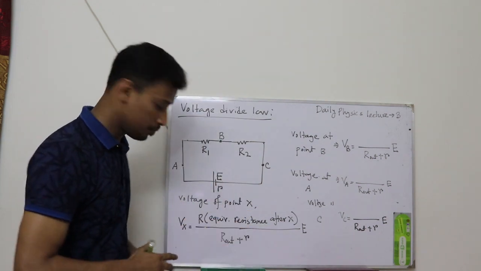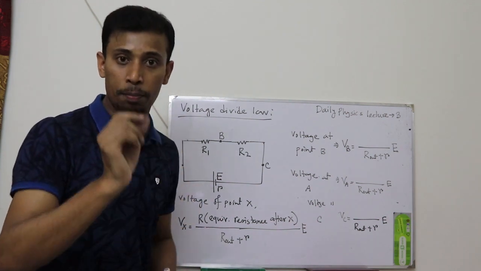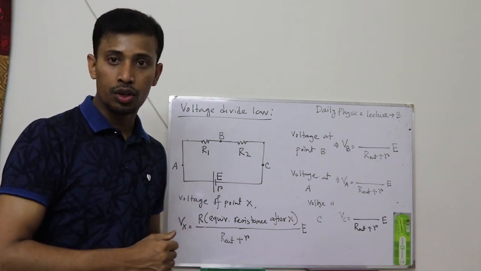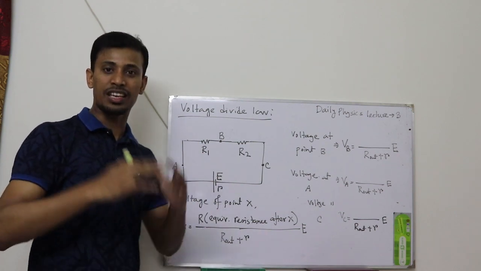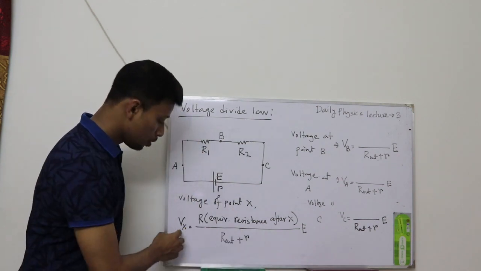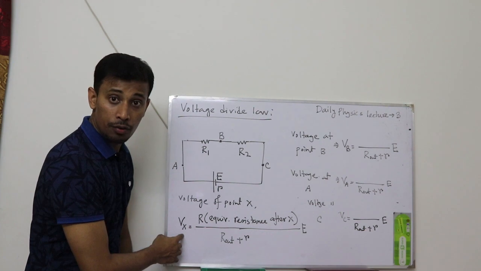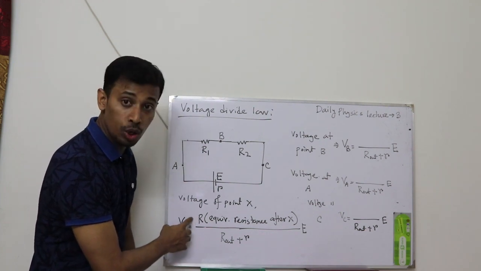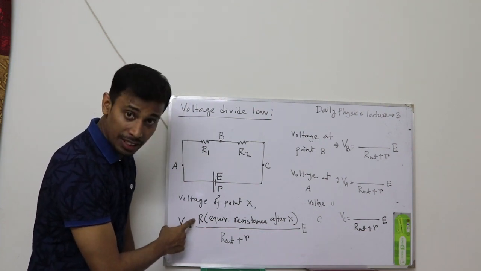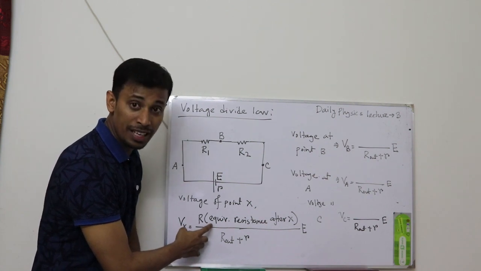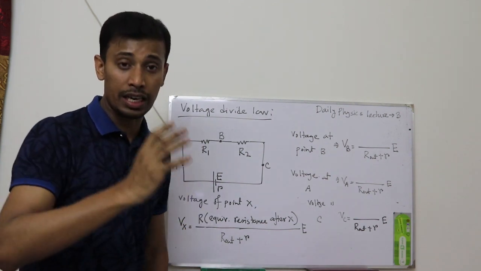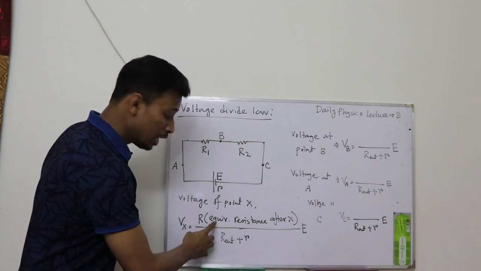But at the top, as we are not discussing a particular resistance, we can't write that resistance. We are discussing a point. So for voltage of point X, what will we write at the top? Resistance. What type of resistance? Please listen very carefully.